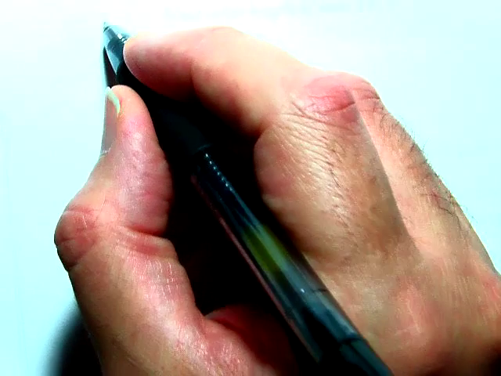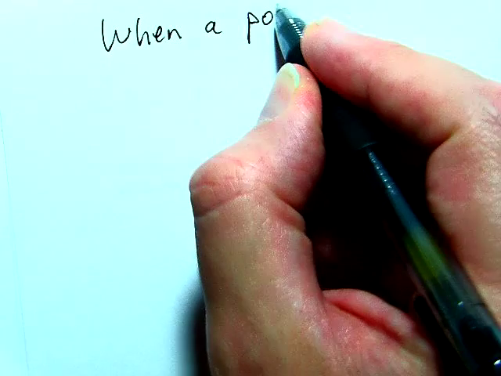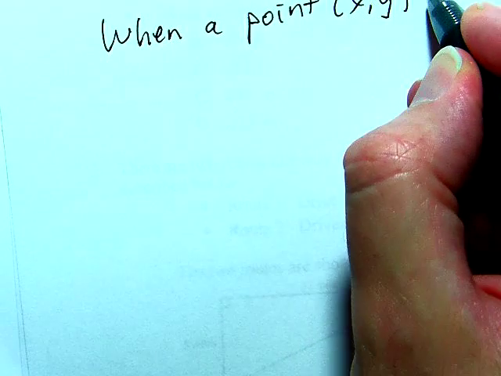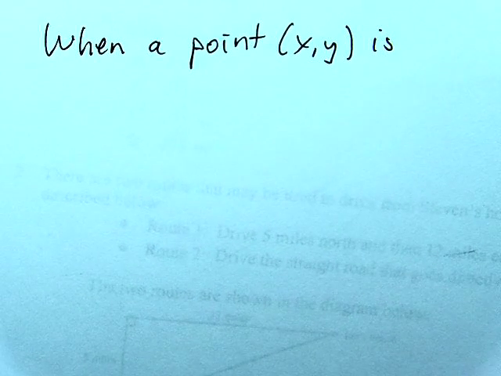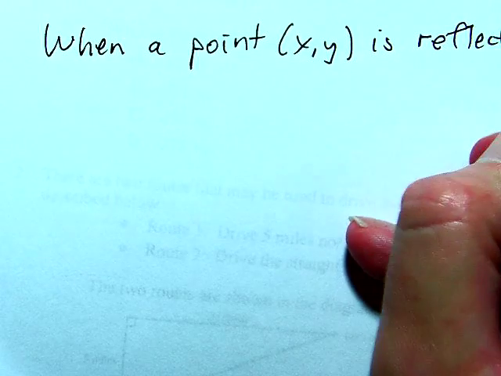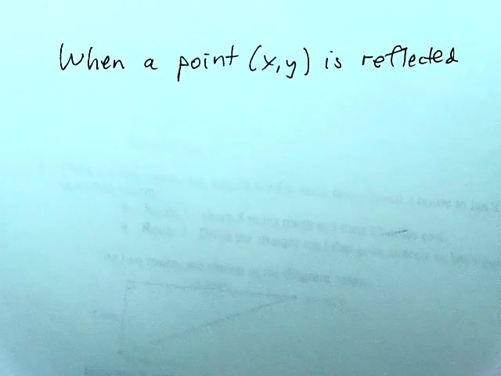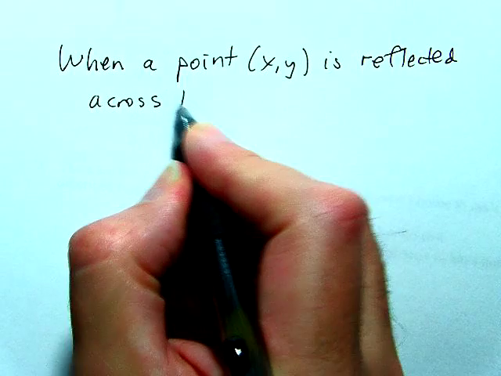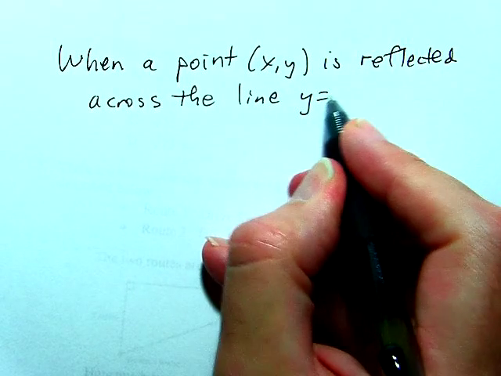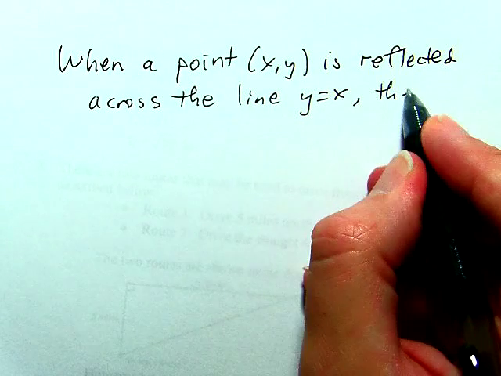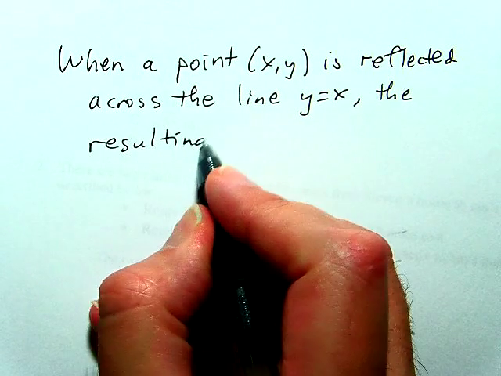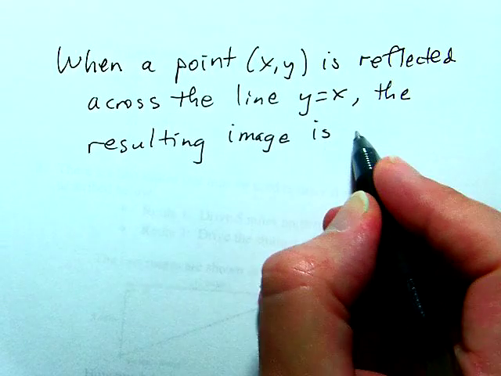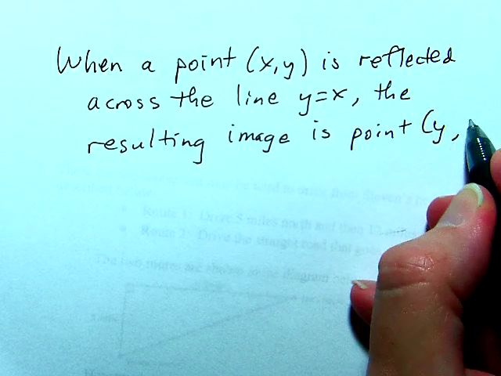Somewhere in your notes, you should write down this: when a point x, y is reflected across the line y equals x, the resulting image is the point y, x.